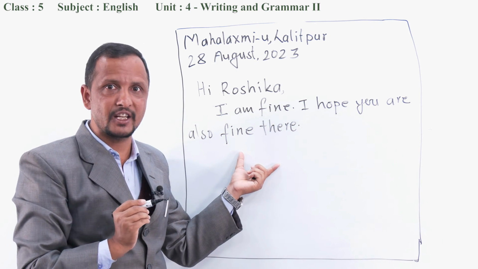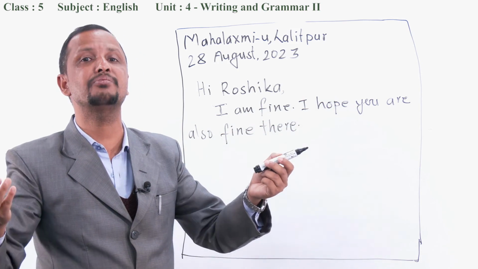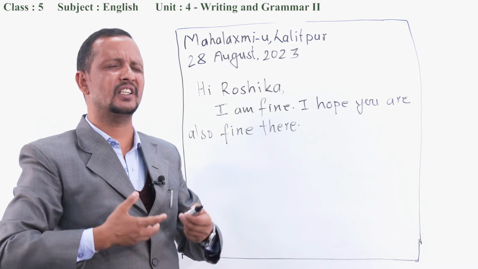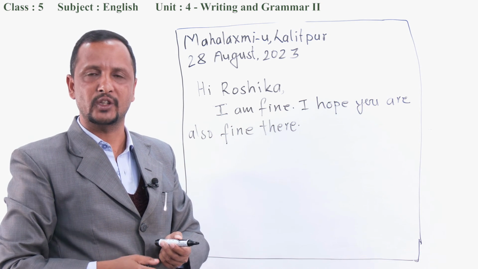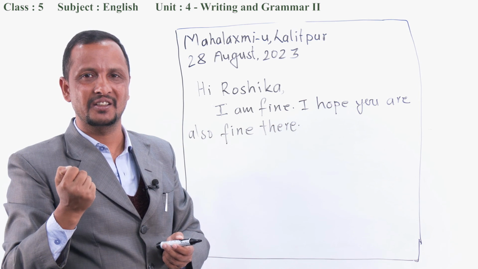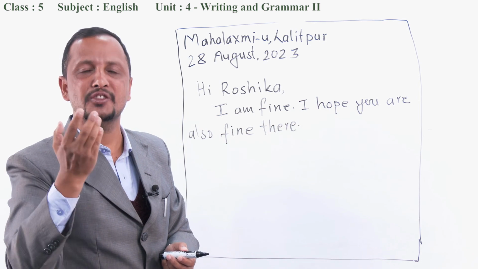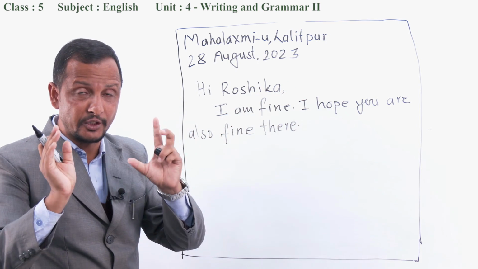Here, you have to write, dear students, do not stop, okay? I visited different places. I enjoyed a lot over there. Okay, I missed you guys too. So I wish to meet soon. Love, like that way. Are you writing?